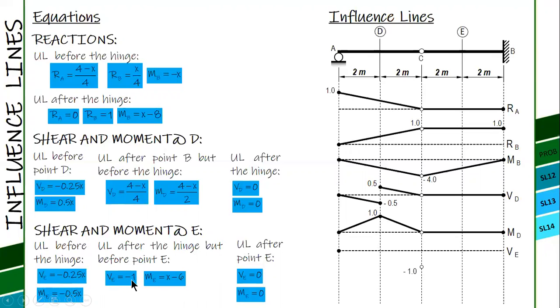And then here, from C to A, negative 1. So negative 1 there, negative 1 here. And then after the hinge, after point A rather, it is 0. So a straight line, and then horizontal, and horizontal.